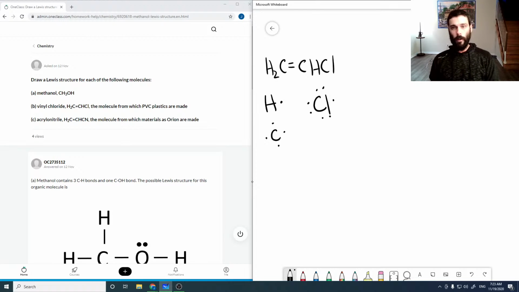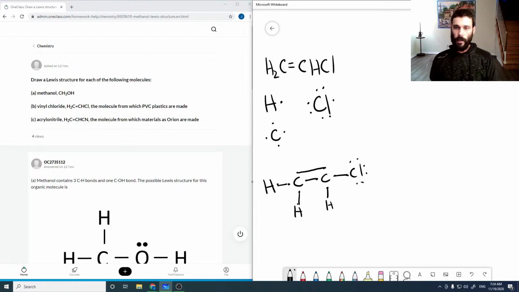And then again, we can pile these up around our atoms, with our appropriate dots. Join our bonding electrons. Now we're given here that there's a double bond there, so that means 2 of those are going to join.